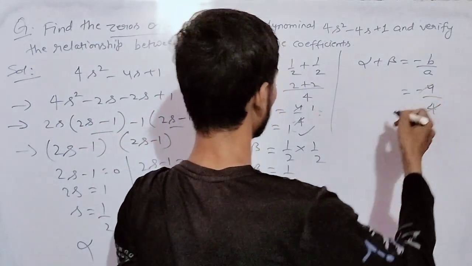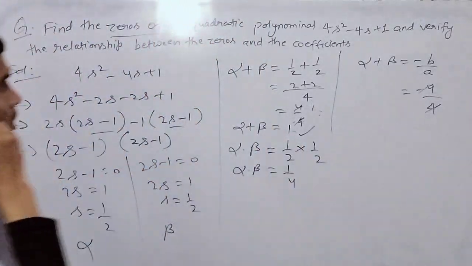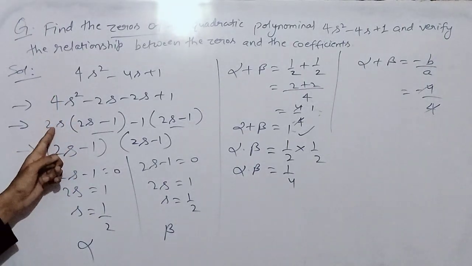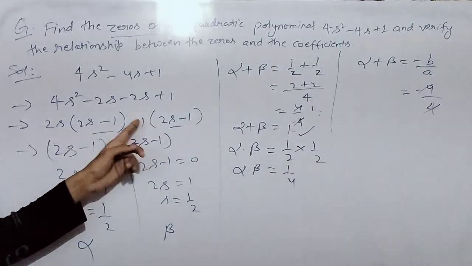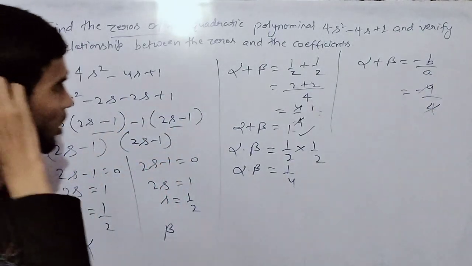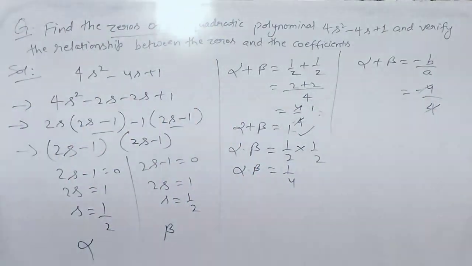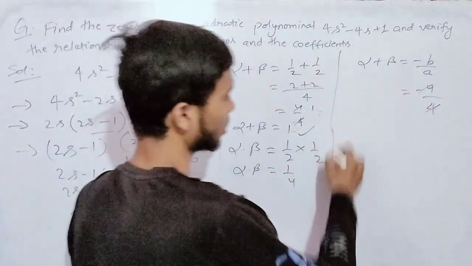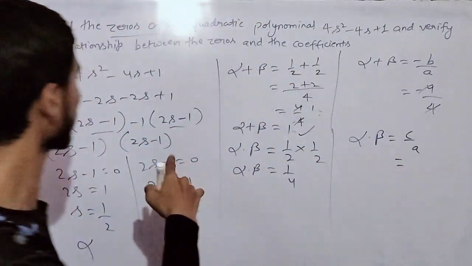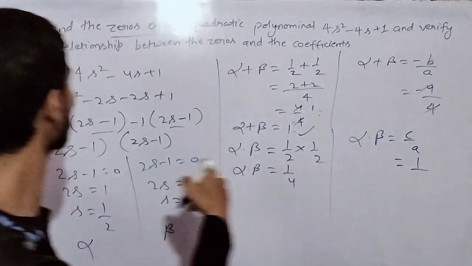Now we have 4s square. Yes. Or you can say alpha into beta is c upon a, where c is 1 and a is 4.